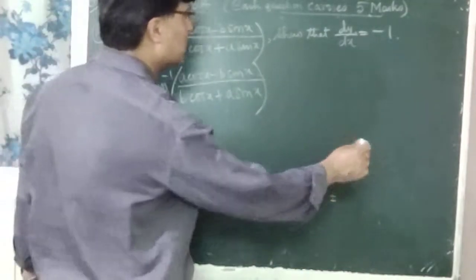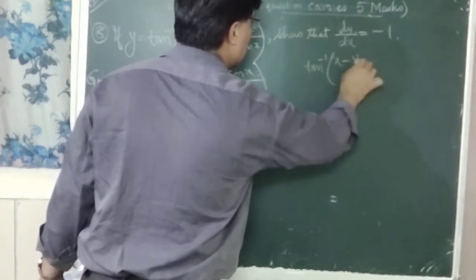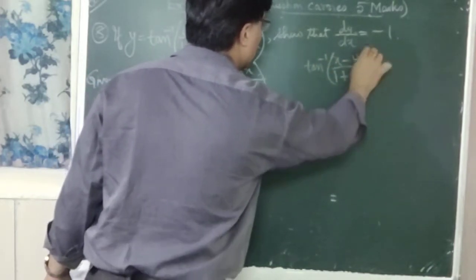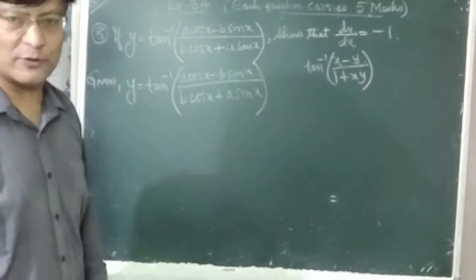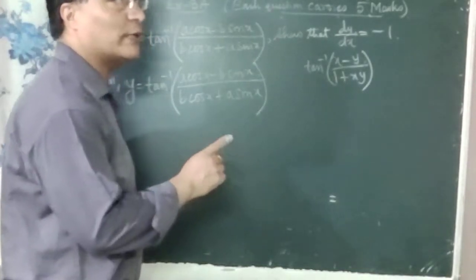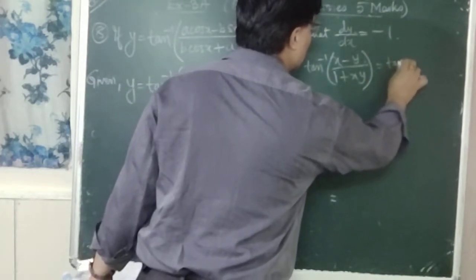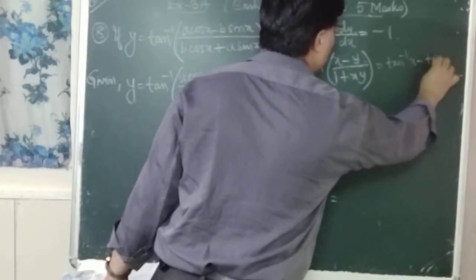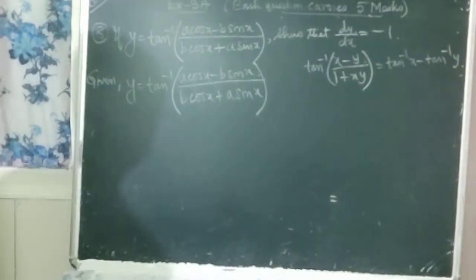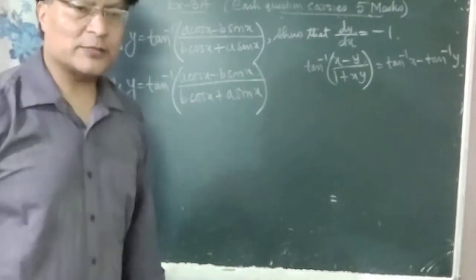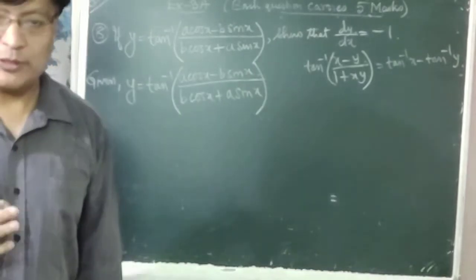So in this case we can use this formula: tan inverse within bracket x minus y upon 1 plus xy, which is equal to tan inverse x minus tan inverse y. You know this formula from inverse circular function, isn't it?